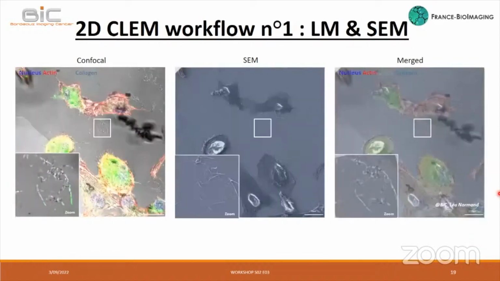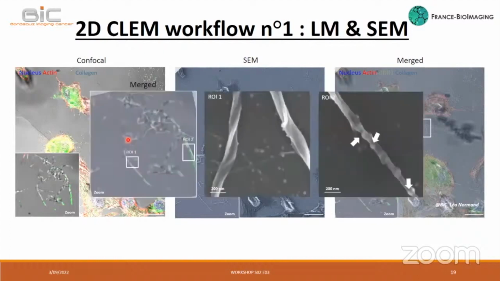At high magnification, the interest of this technique is to localize a precise region where there is the immunolabeling. Here, the group of collagen fibers is of interest to us.